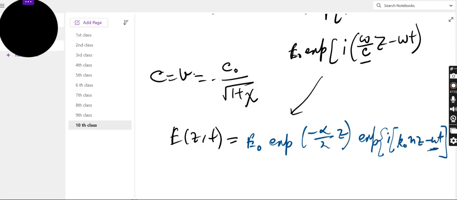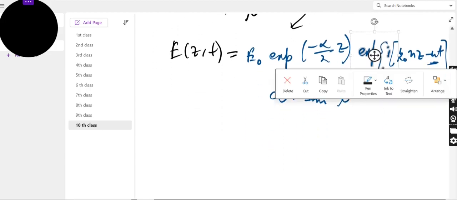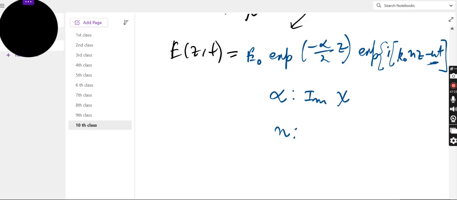So that electric field is oscillating with the frequency omega. What we have said earlier? So alpha is basically related to the imaginary part of chi, and like I have already mentioned, that n is equal to n plus i kappa.